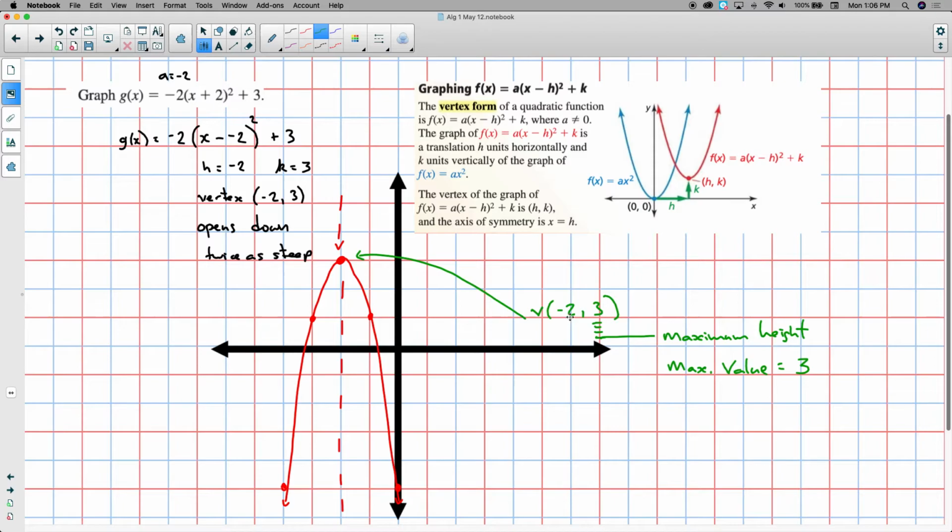It's true that -2 is what would be put into the function to get out 3, but the maximum value is 3. So it's the y-coordinate of the vertex. On a parabola that opens down, we have a maximum, and on a parabola that opens up, like this red one, then we have a minimum value, and this minimum value would be whatever k is. Okay, so reminding you of some situations from chapter 8, namely the vertex form and this concept of maximum and minimum value. I'm going to need that going forward.